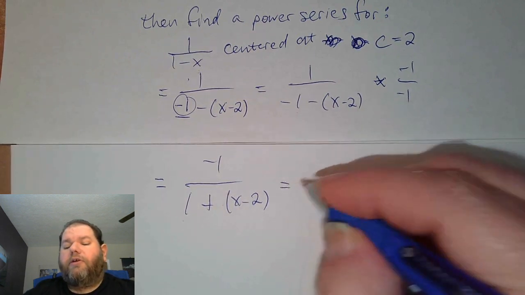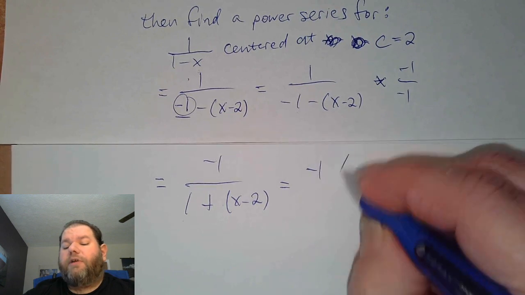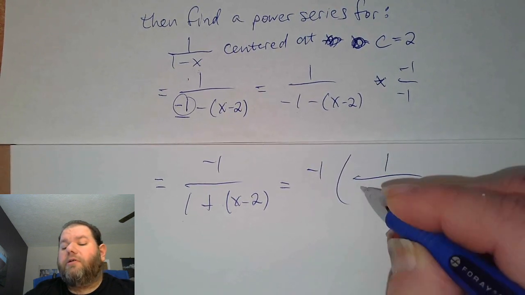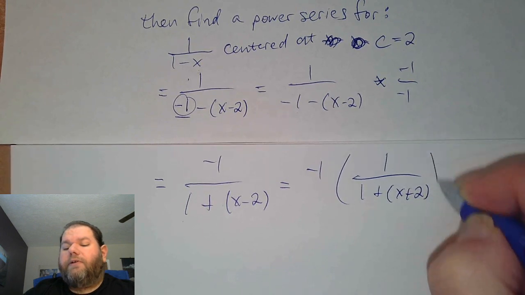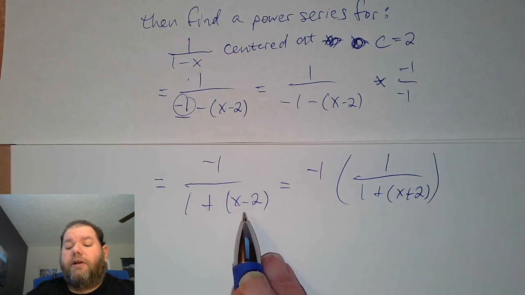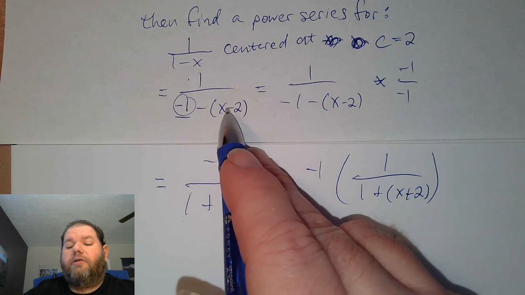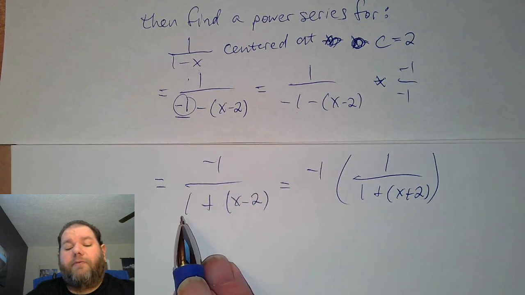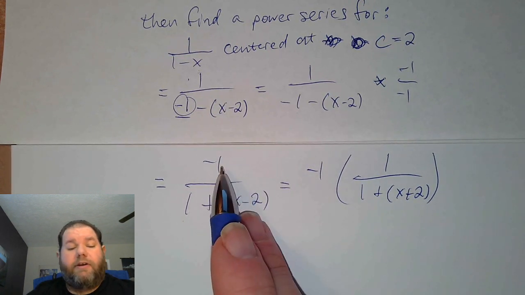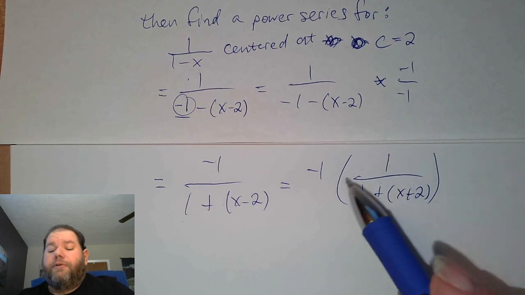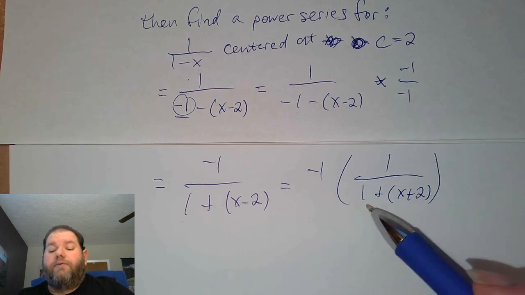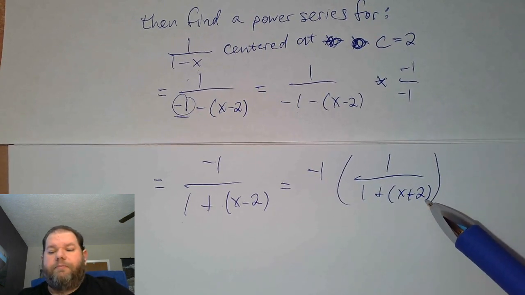And the only way we can proceed from here is factor out whatever number is there. There is a method here. We start from the center term, get the term before that on the denominator, and then get the numerator. And so what we end up with is negative 1 times 1 over 1 plus x plus 2.